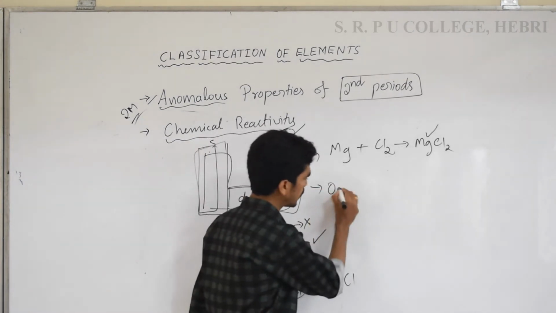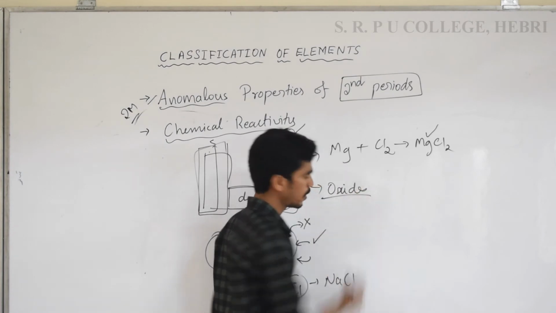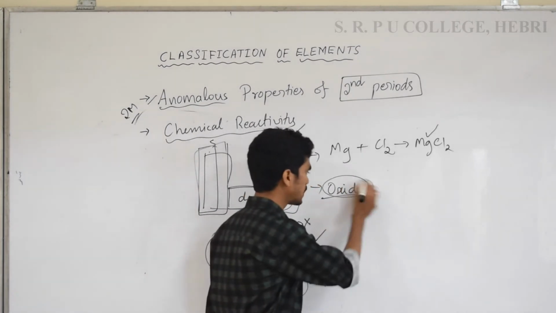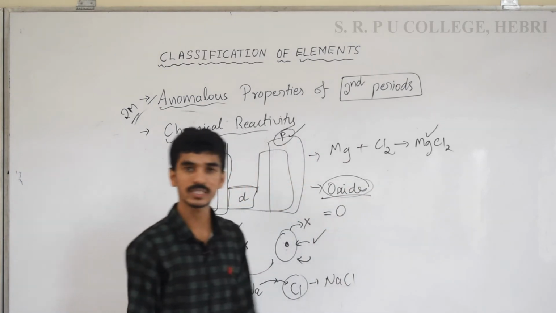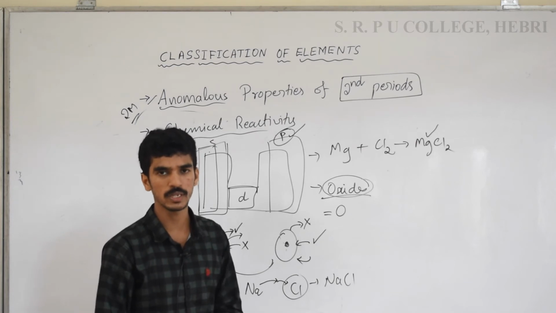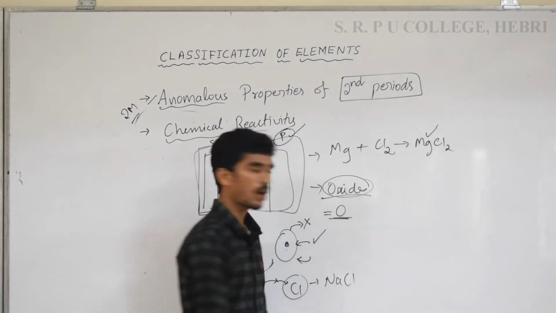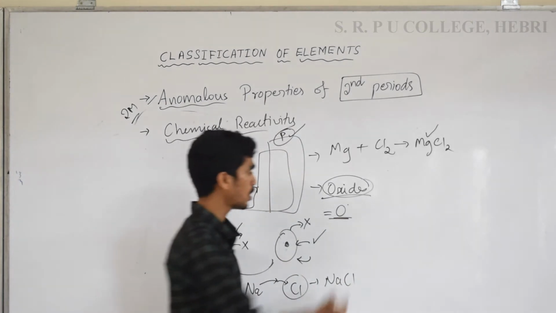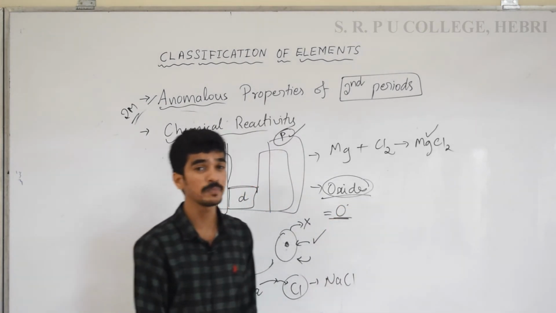Okay, next important, that is oxides. Formation of oxides. Oxides means what? Compounds which have oxygen are called oxides. That may be hydroxide or simply oxide, monoxide, dioxide, like that. Oxygen has high electronegativity, or high electron gain enthalpy.